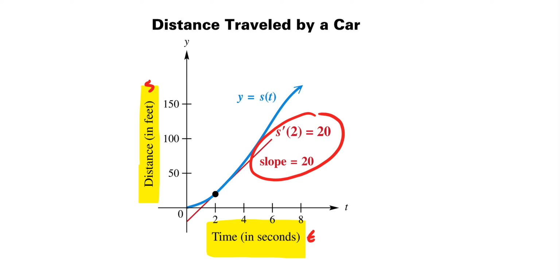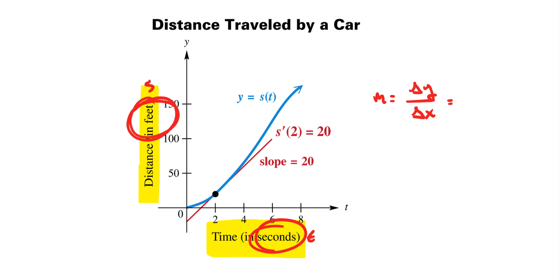Always think about the units. When you calculate the units of slope, it's the change in y over the change in x. So that's going to be the y coordinates over the x coordinates. So that's going to be the units for y, which is feet, over the units of x, which is seconds.